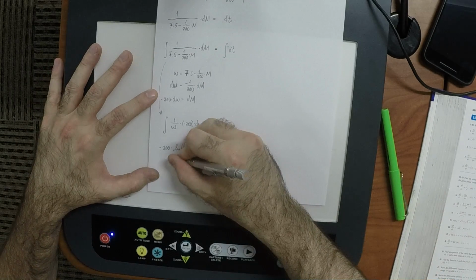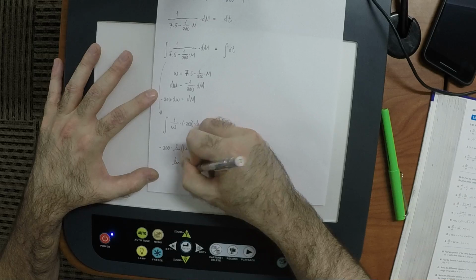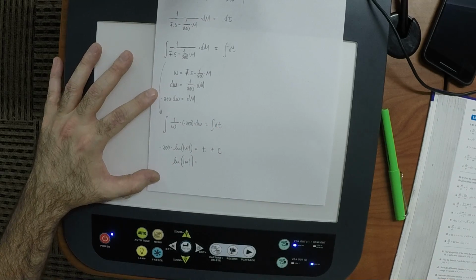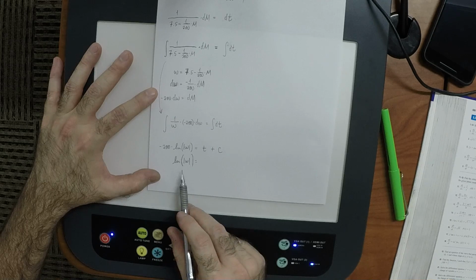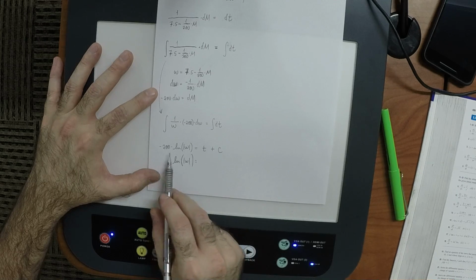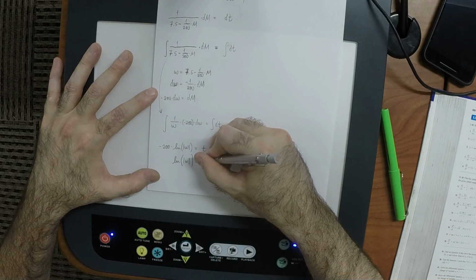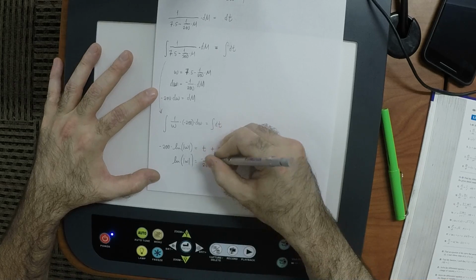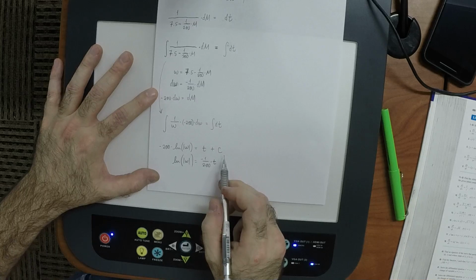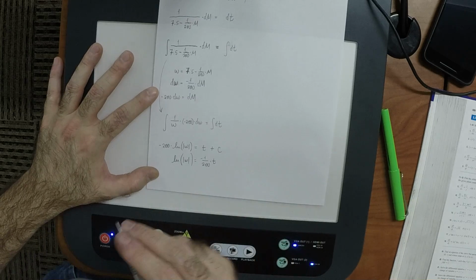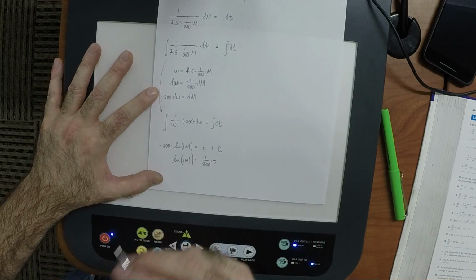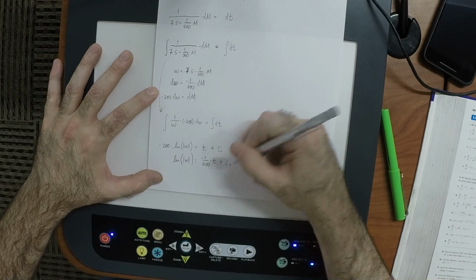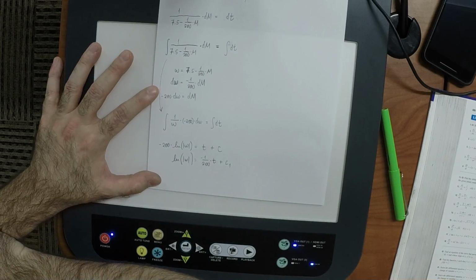So then this would be log absolute W is what? So I want to divide by negative 200. And then dividing that constant by negative 200 is still an arbitrary constant, so I'll just write plus C1 because it's just some constant there, right?